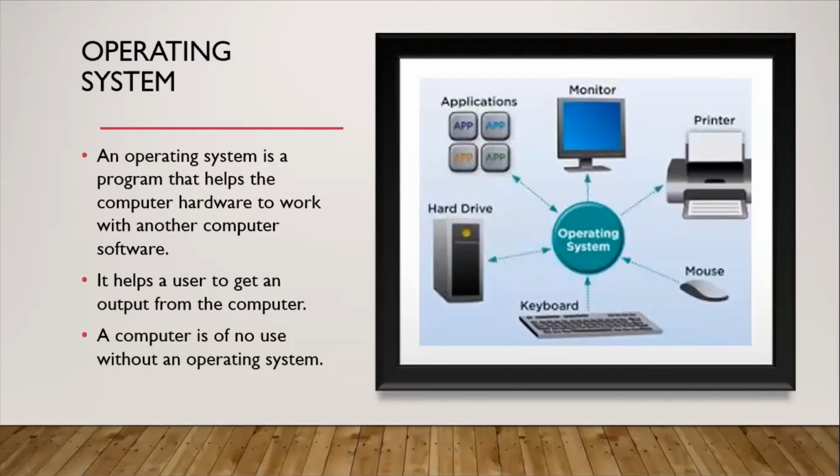So with the help of computer hardware we use software, and operating systems help the computer hardware to work with other computer software. It helps a user to get an output from the computer. A computer is of no use without an operating system.